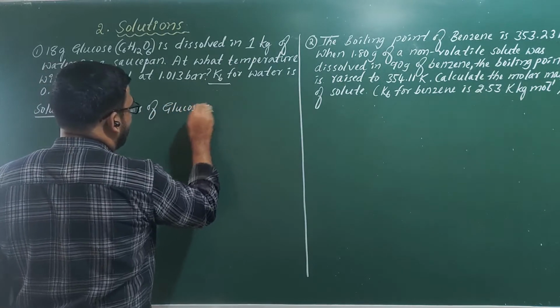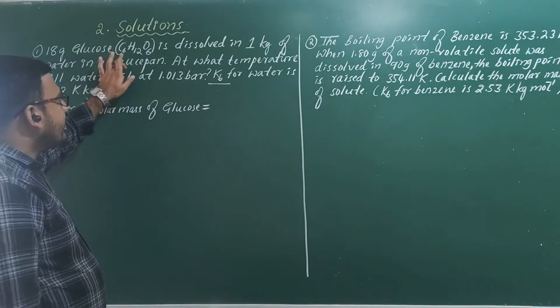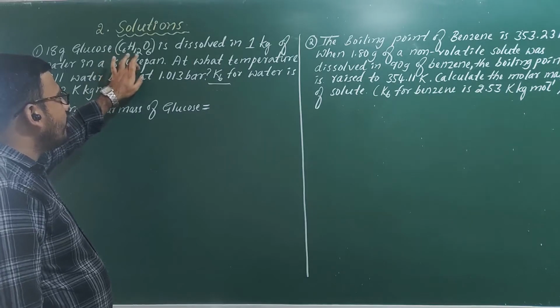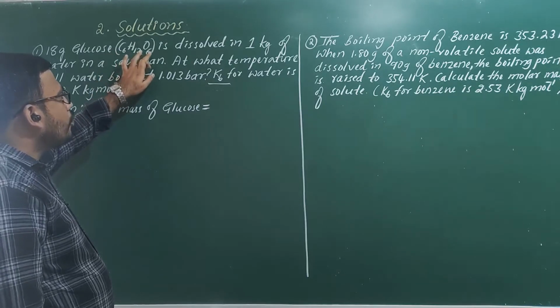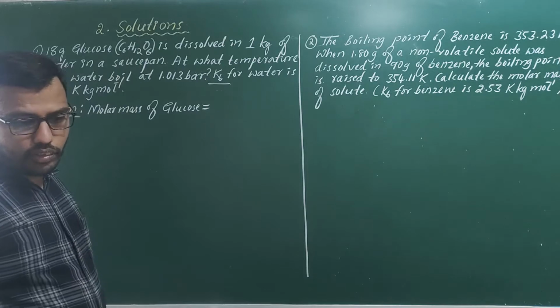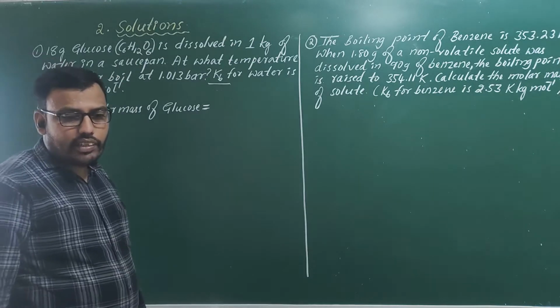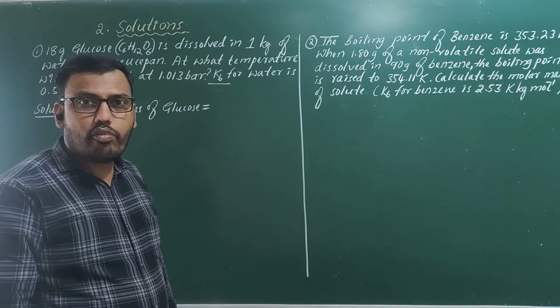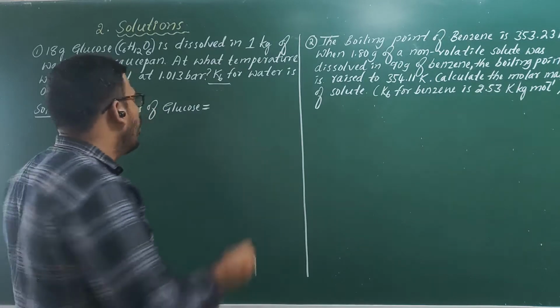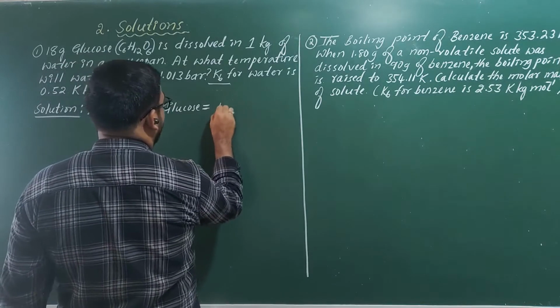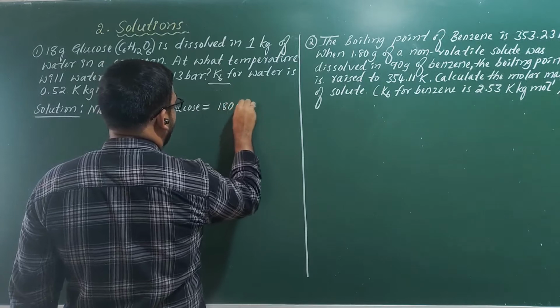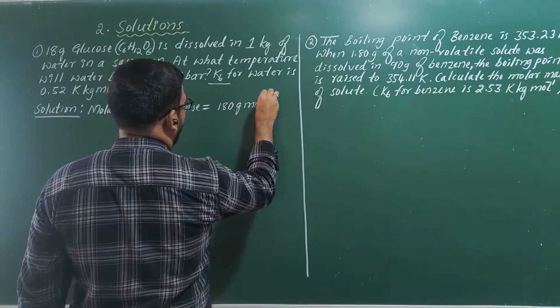If you calculate, C6, 12 into 6, 12 into 1, 6 into 16, that we have to do. After that you will get 180 gram per mole. So the molar mass of glucose is 180 gram per mole.